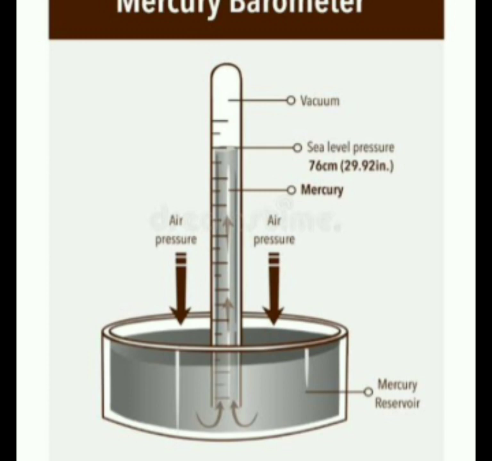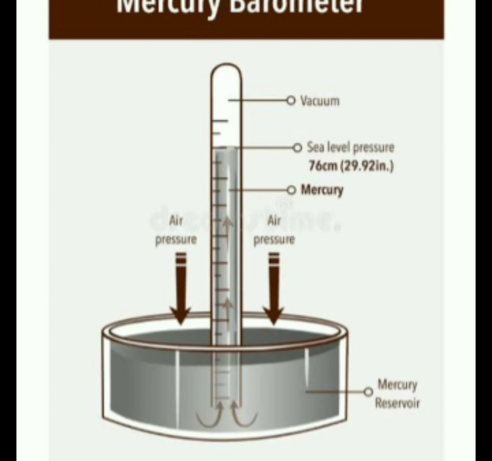That is, the mercury stops at a certain height, and the pressure exerted by this mercury column balances the outer atmospheric pressure. Both balance each other.